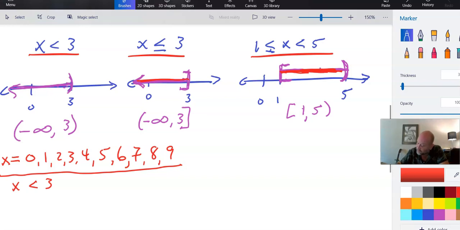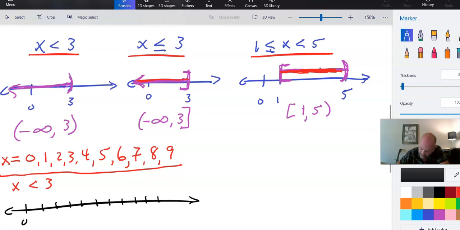And so if I was going to graph this on a number line, we have 0, 1, 2, 3, 4, 5, 6, 7, 8, 9, 10.